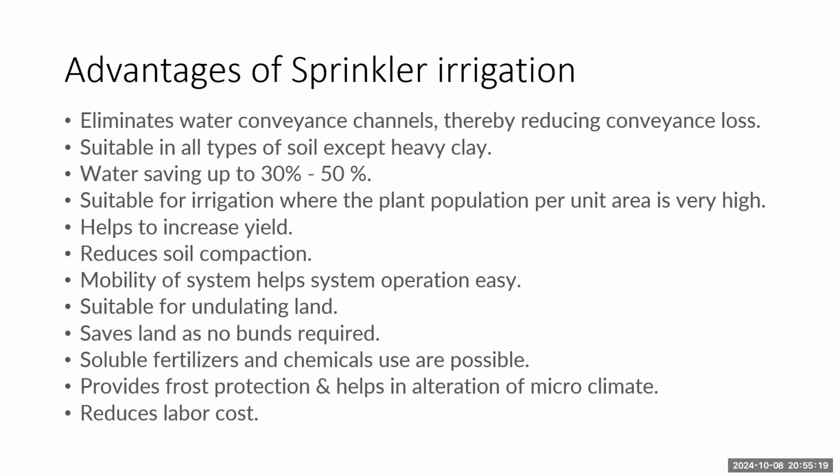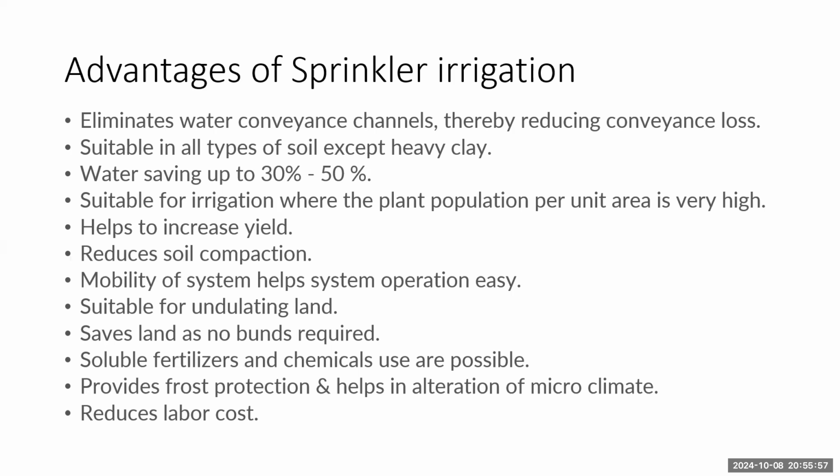In the previously discussed methods, preparation of land is necessary; some slope or gradient was necessary, which is not at all necessary in sprinkler irrigation. Even if the land is undulating, sprinkler irrigation can work. So it saves land preparation cost, it also saves labor cost, and the bunds or levees are not required to prepare the plots.